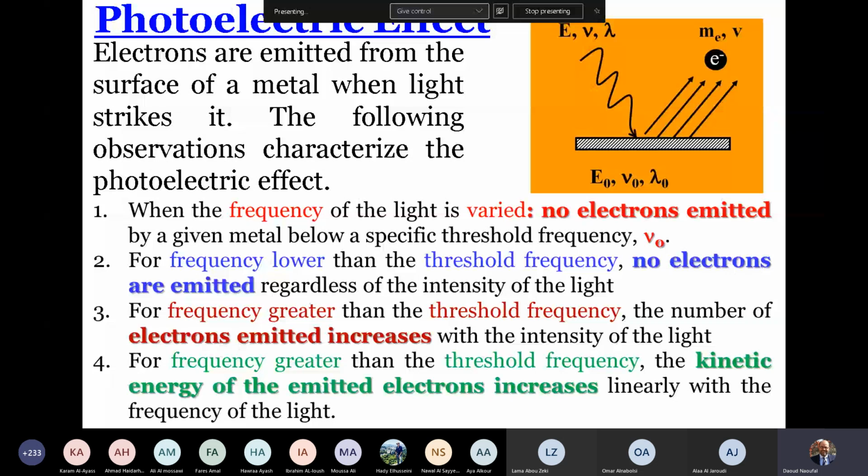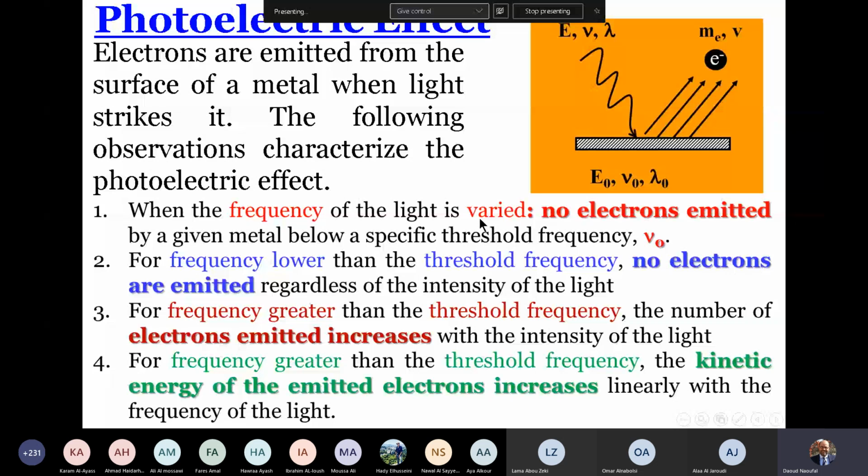Do we have emission of electrons for any value of E? No. He observed that the emission of electrons from the surface of the metallic piece is possible only for a certain value of the energy. So when the frequency of the light is changed, sometimes we have emission of electrons.